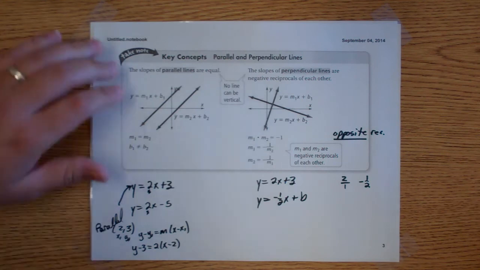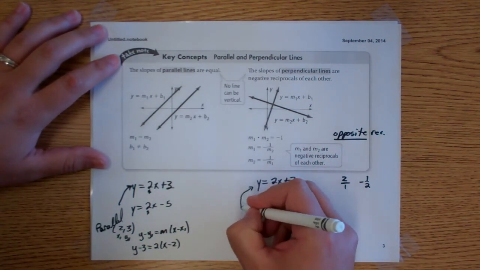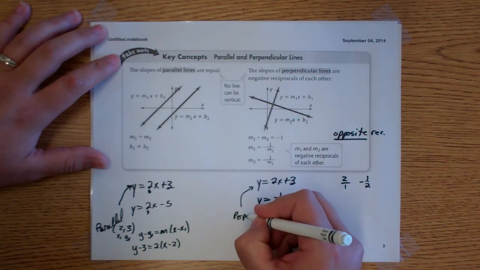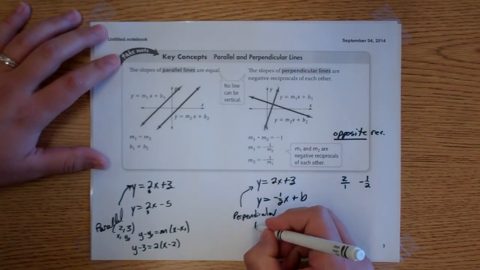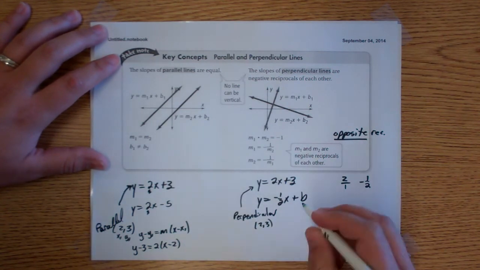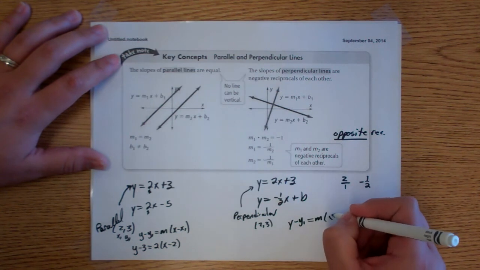All right? So again, if I wanted a line perpendicular to that line going through the point 2, 3, you would still use y minus y1 equals m times x minus x1.